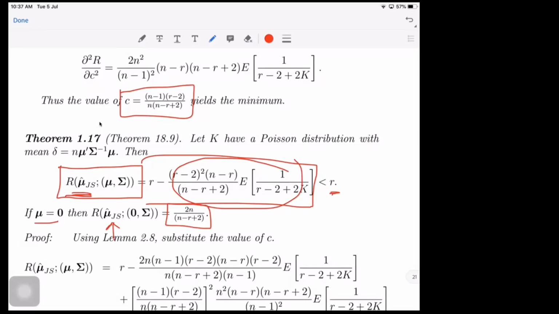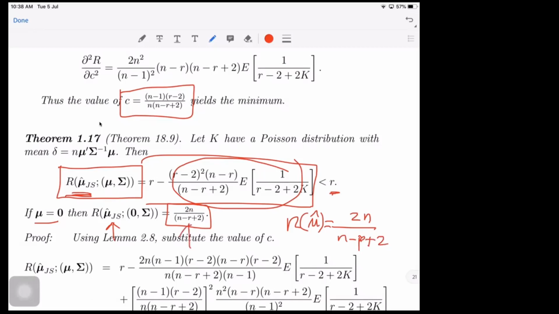Comparing it with the univariate case, the risk associated when using mu hat is 2n over n minus p plus 2.